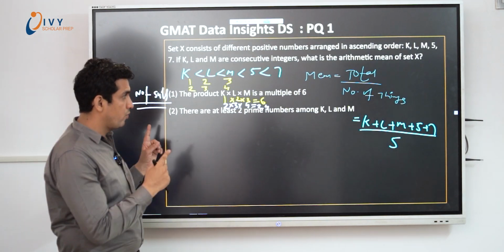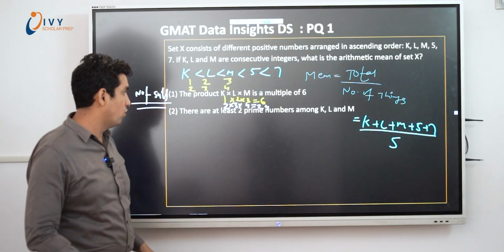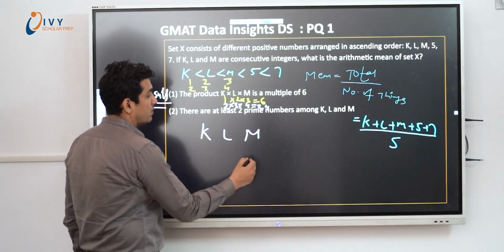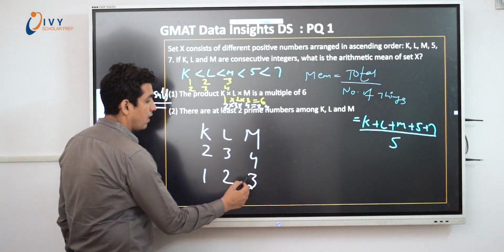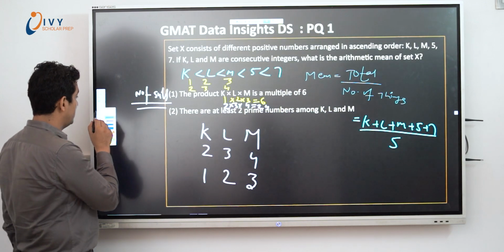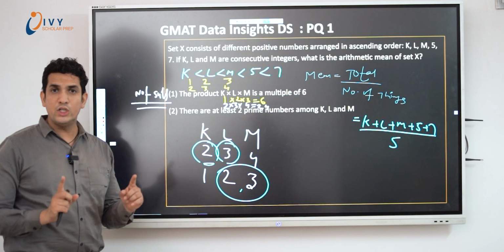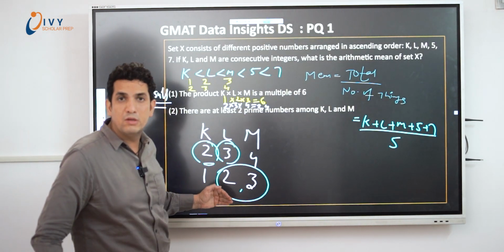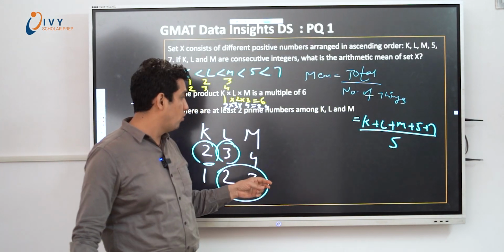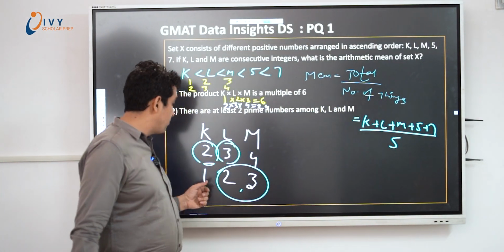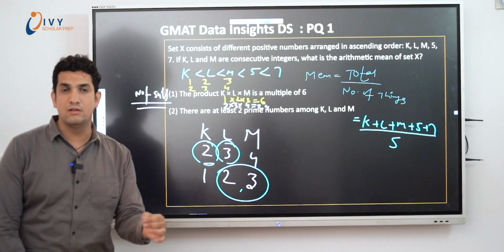Now let's come to statement 2. It says there are at least two prime numbers among k, l, m. As we already know, k, l, m could be 2, 3, 4 and 1, 2, 3, and if you look at both situations, two prime numbers exist in both the possible sets. So if I put in 2, 3, 4, I will have one answer, and if I put in 1, 2, 3, I will have a different answer, which means we are getting two different answers.